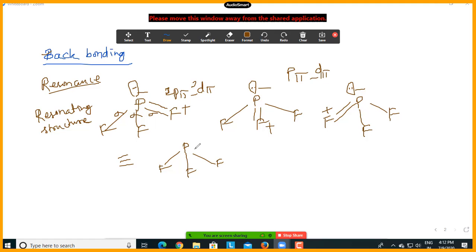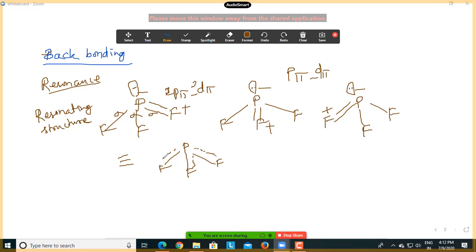So repulsion between partial double bonds will be greater than the single bond repulsion in PH3.